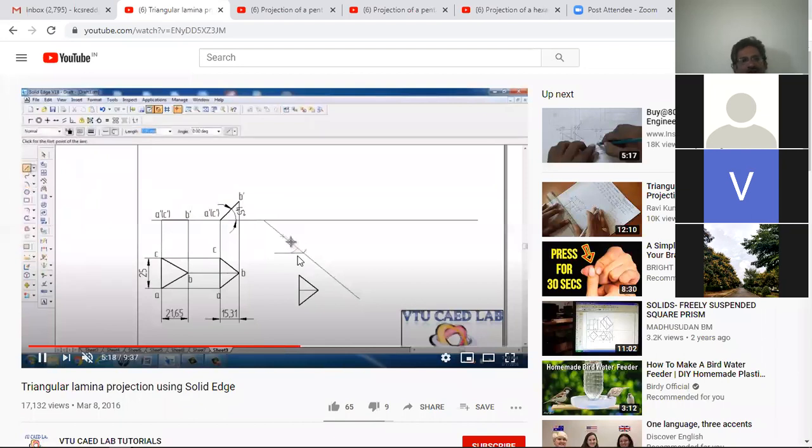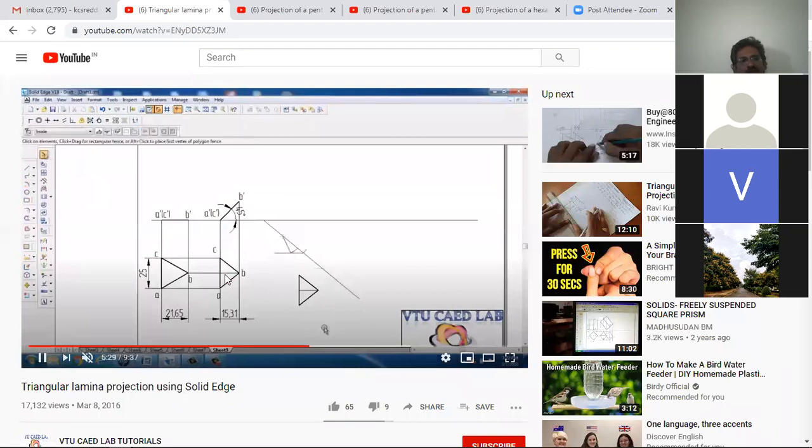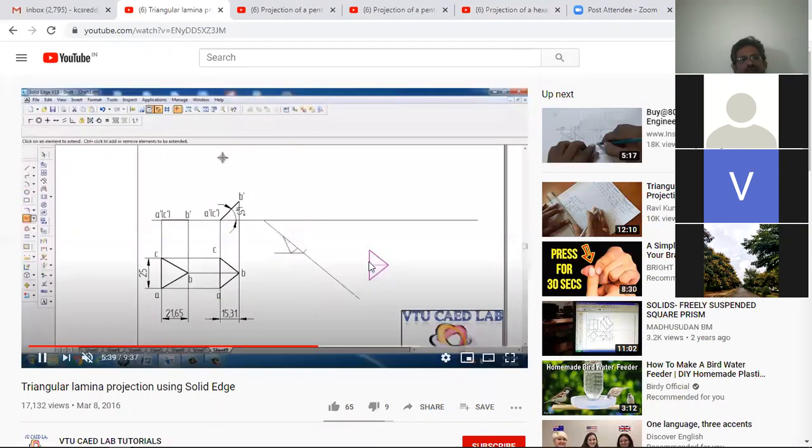So now you need to join the apparent median line, then pick this which has moved from here with the move with copy command at the end point of this, any one of the points you need to take.